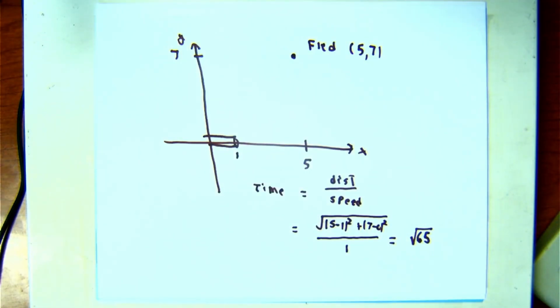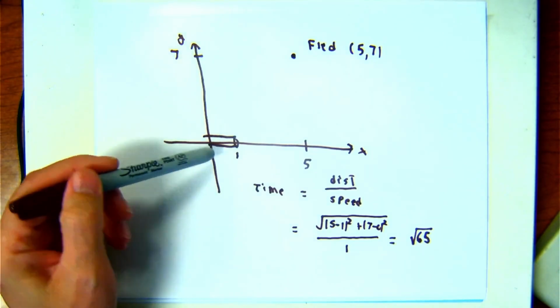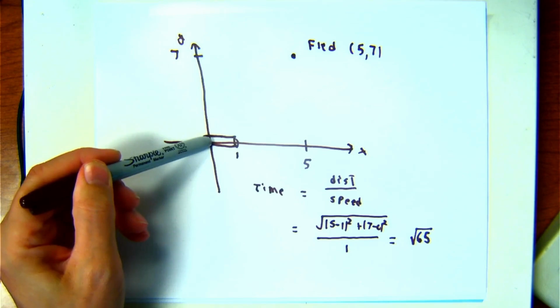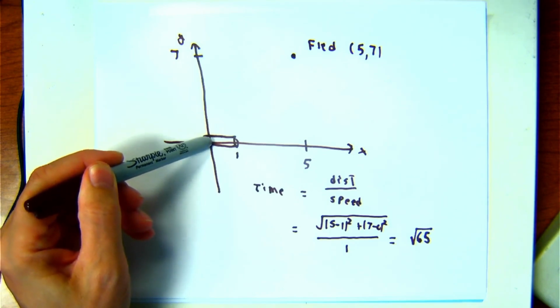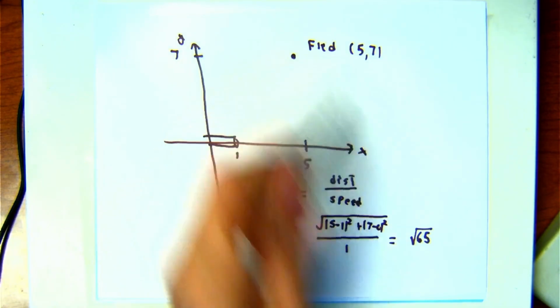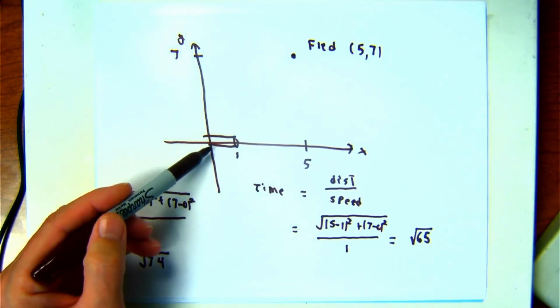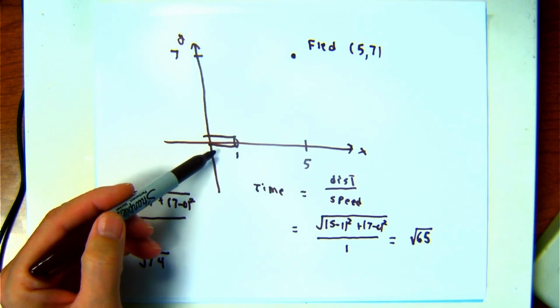At the very end of this thought process, enough time will have passed so that light will have had time to travel from this point to Fred's eyes. How much time is that going to take? Doing the same kind of calculation as before, we found out that it's going to take square root of 74 seconds after the rod has been put in place before Fred sees this.